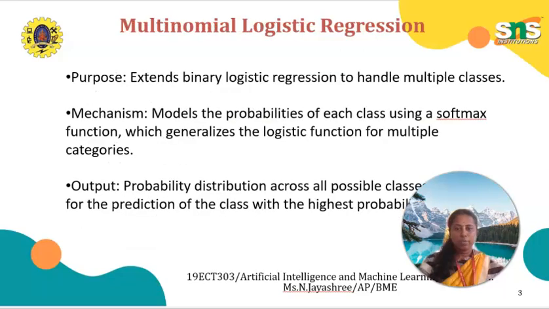Next one is multinomial logistic regression. Multinomial logistic regression extends binary logistic regression to handle multiple classes.